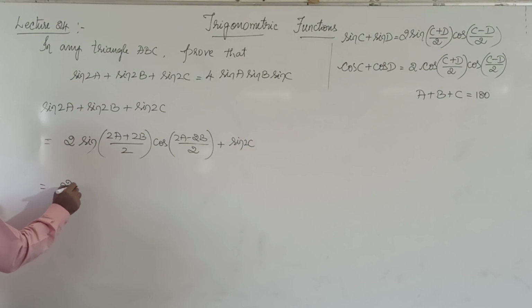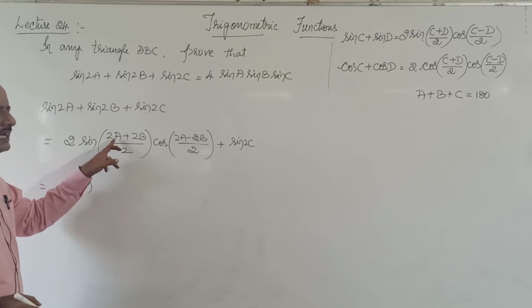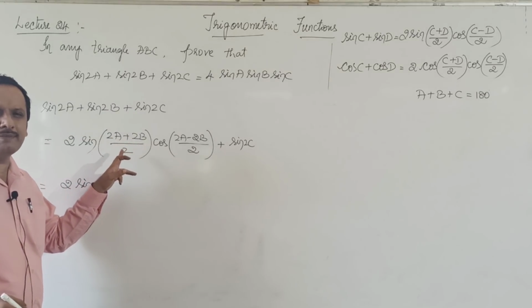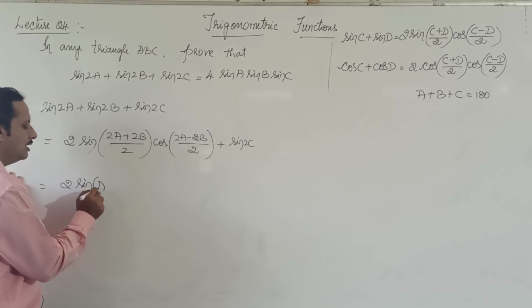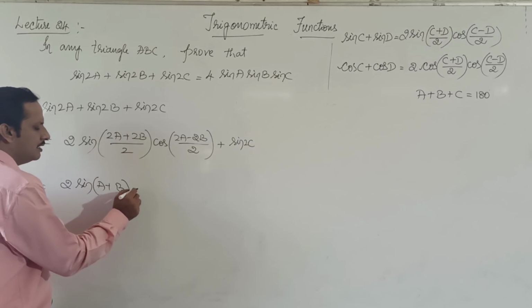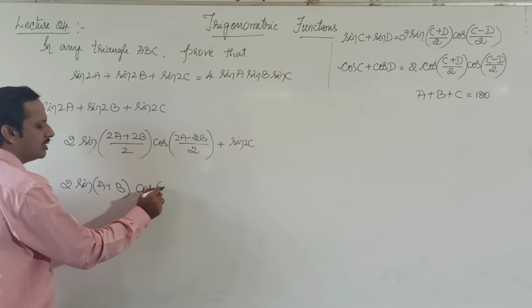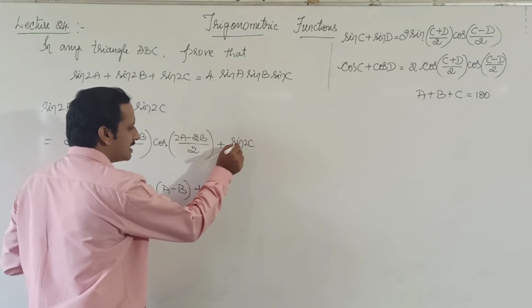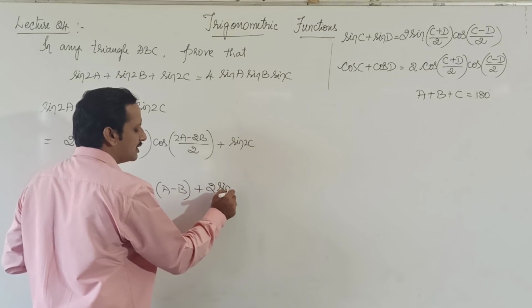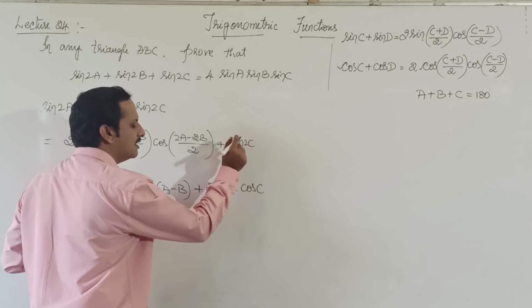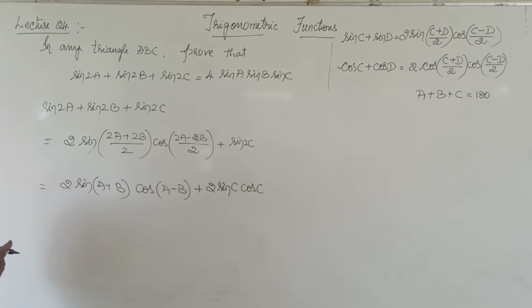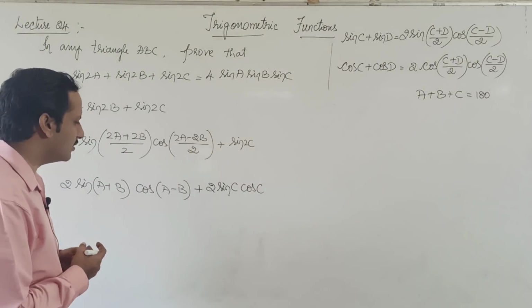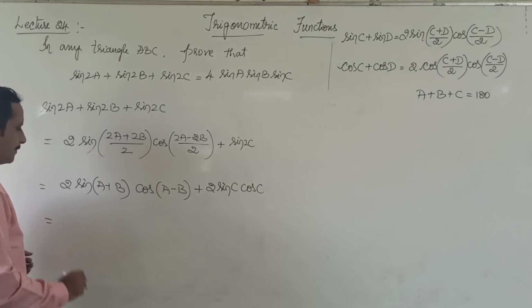This is equal to 2 sin (A plus B), where the 2 gets cancelled, into cos (A minus B), similarly here also the 2 gets cancelled. Sin 2C, I will write as 2 sin C cos C. You know the formula, sin 2A equal to 2 sin A cos A, so sin 2C equal to 2 sin C cos C.